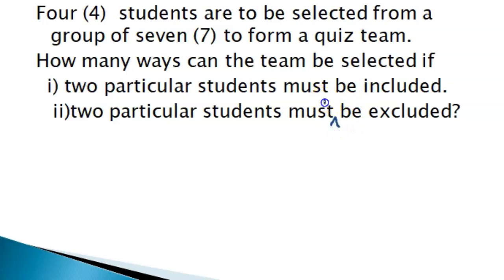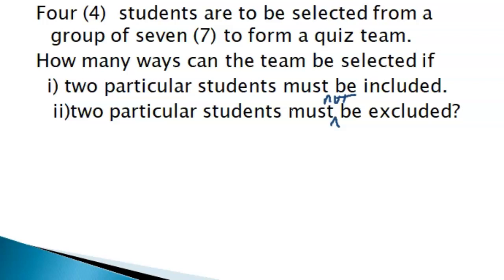Must not, so type right here, must not be included. Let's do part A. In how many ways can the team be selected if 2 particular students must be selected?